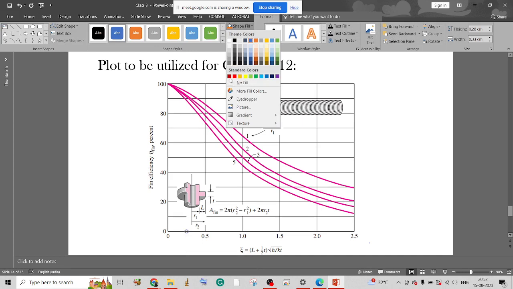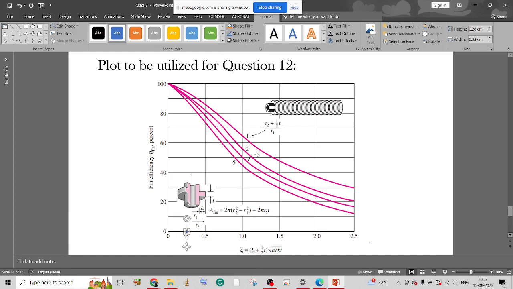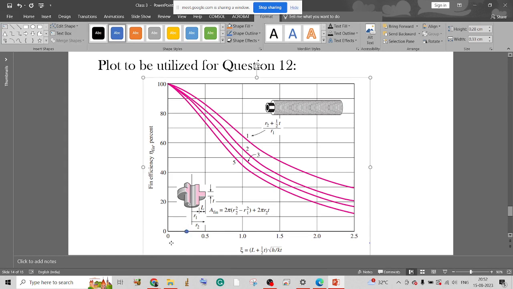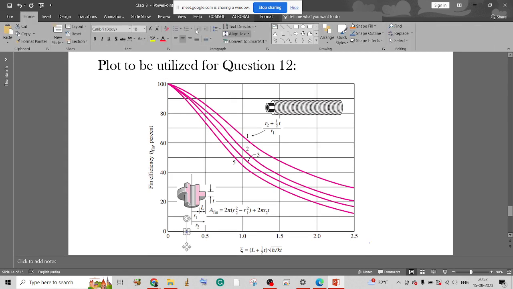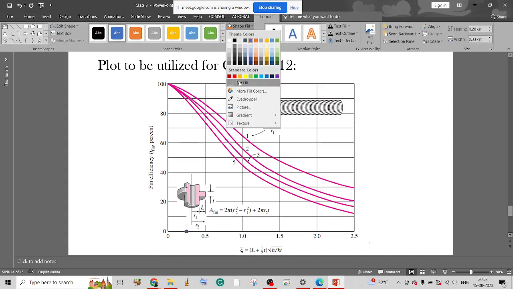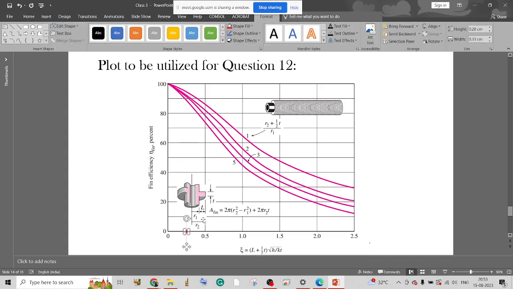So this portion is 0.25, and we need 0.2, right? So it will be approximately around this.